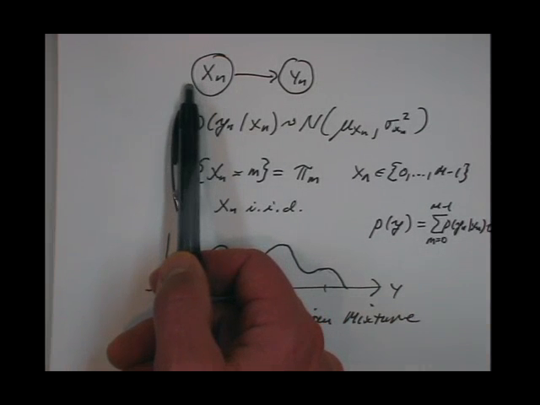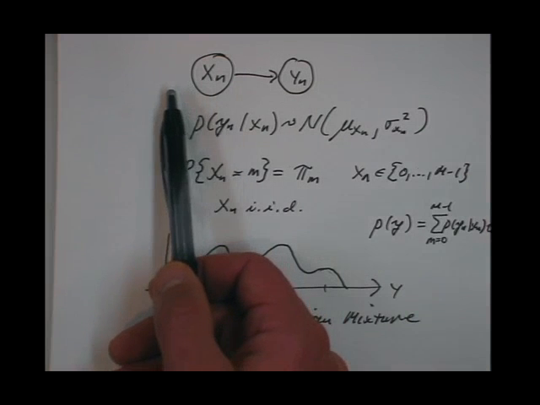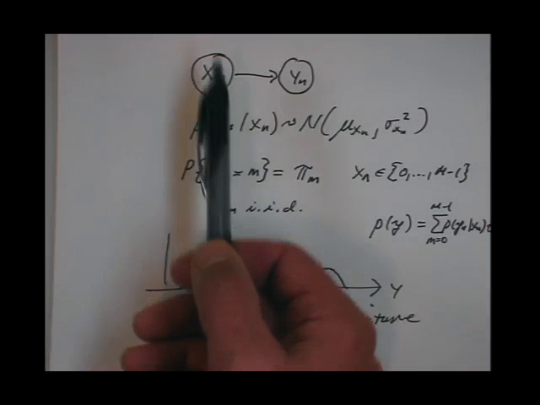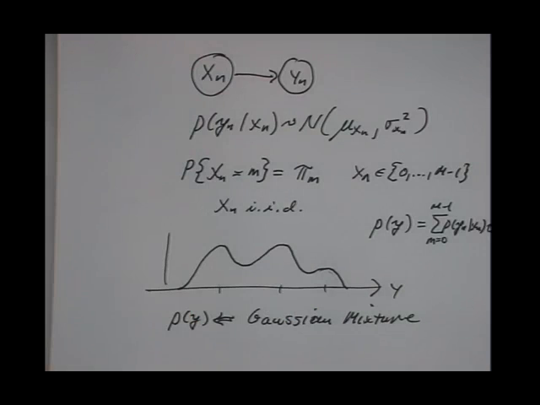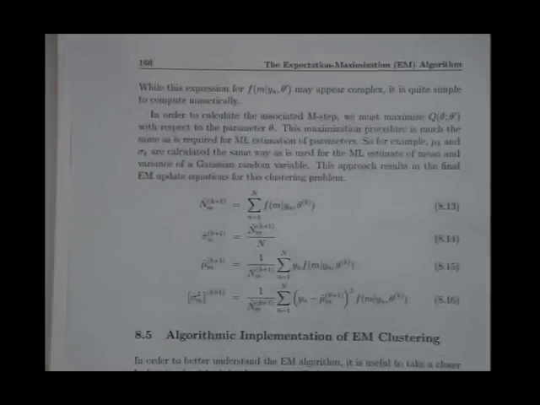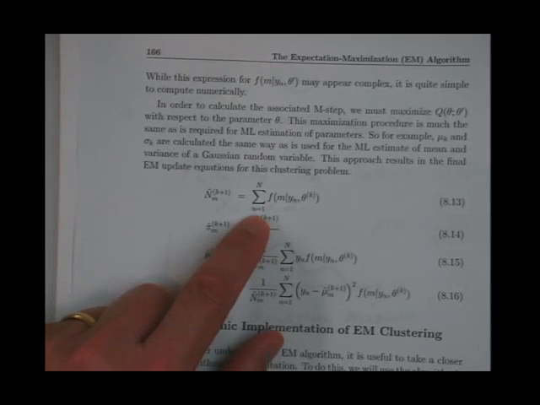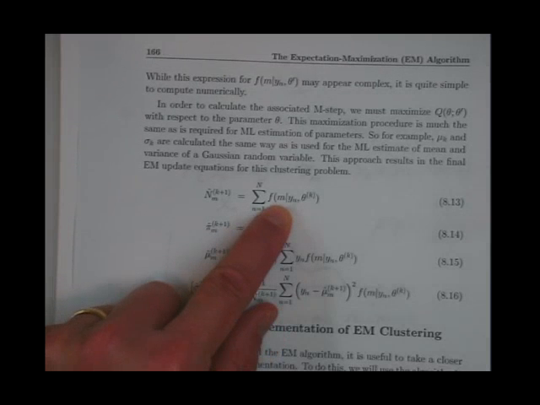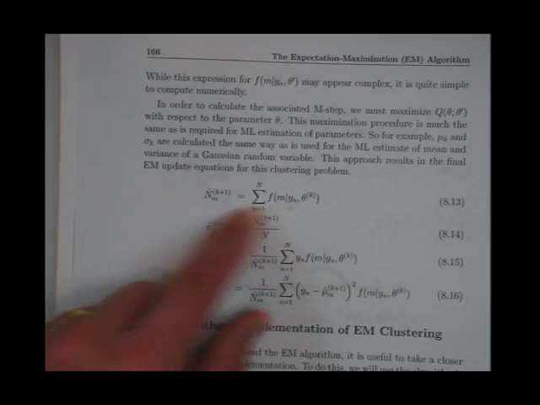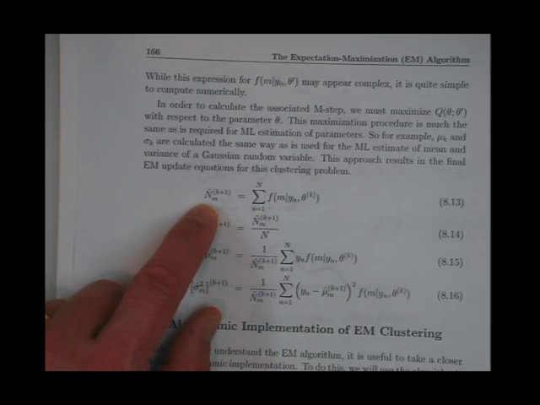Well, you don't know for sure, but you can guess that it fell in each class with some probability. So you say, what's the total number of ping pong balls that were in class M? Well, you sum over each sample the probability that it was in class M. This is the expected number of ping pong balls in class M, okay?